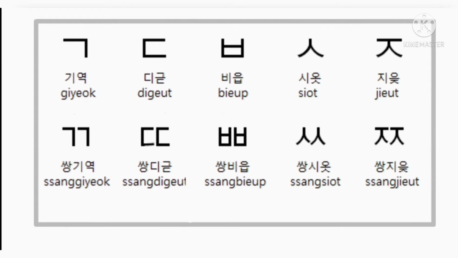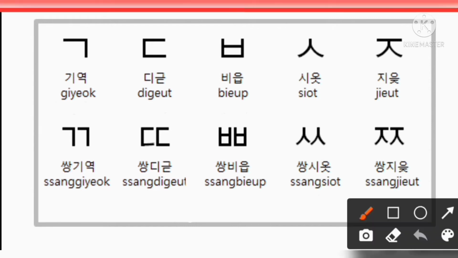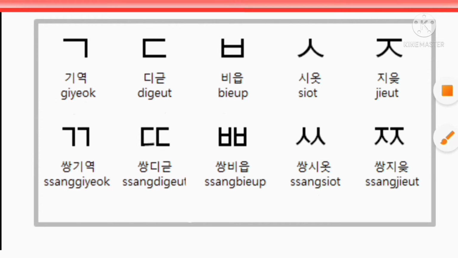So Giyeok becomes Ssanggiyeok, and their pronunciation is like this: this one is G, so it becomes GG. If I just tell you like this, it will look the same, so the difference is not much.